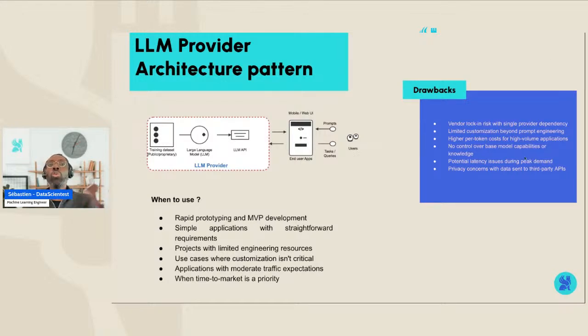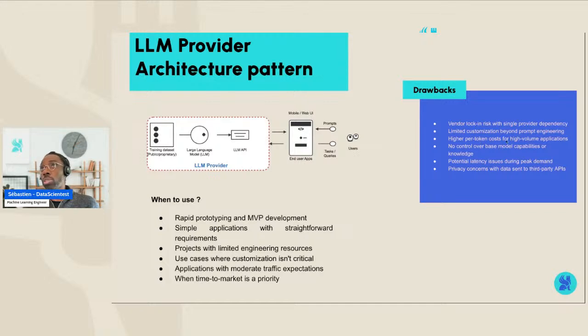Of course, you will use the API as the LLM provider provided it. The only adaptation that you have is through parameters like the temperature, top P, top K, etc. But most of the time you will not play too much with the parameters themselves; you will work a lot on prompt engineering and the system prompt, and that's it.